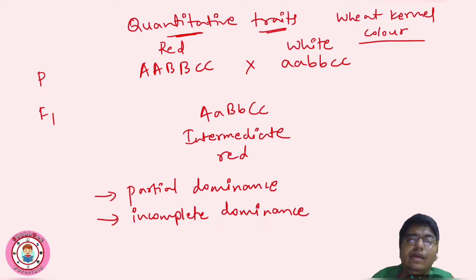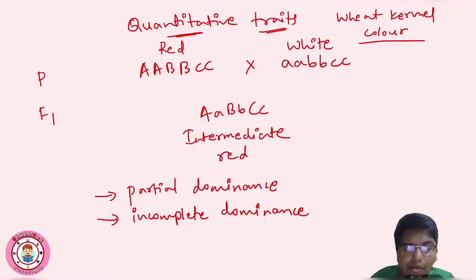But here we are not talking about dominance. There is nothing like dominant and recessive alleles. The F1 will be intermediate. In those cases we also saw intermediate, partial dominance and incomplete dominance, so it can be correlated with that.